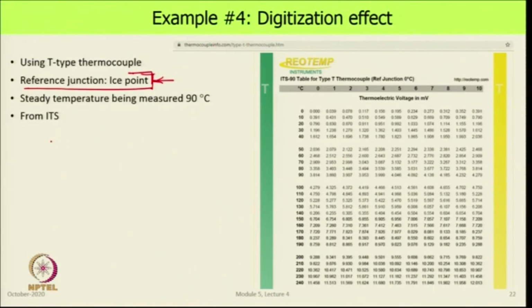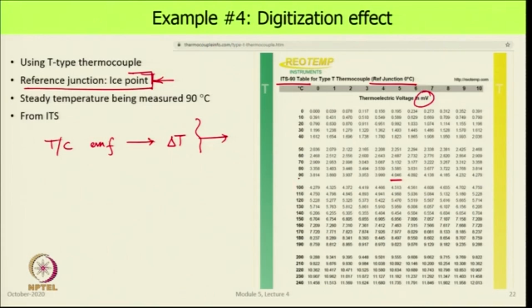And to convert the thermocouple EMF into delta T, we have here, as you can see, the ITS table, International Temperature Scale table, reference junction 0 degrees Celsius. So, one could say, well, what voltage did I get? And you say I got 4.046 millivolts. So, this is in millivolts.